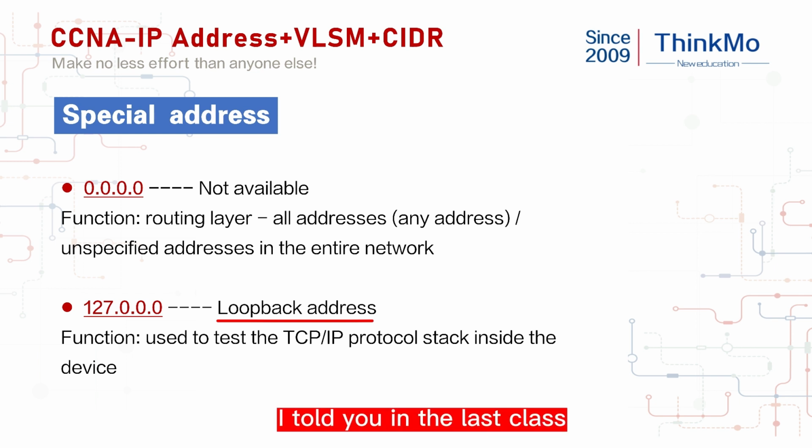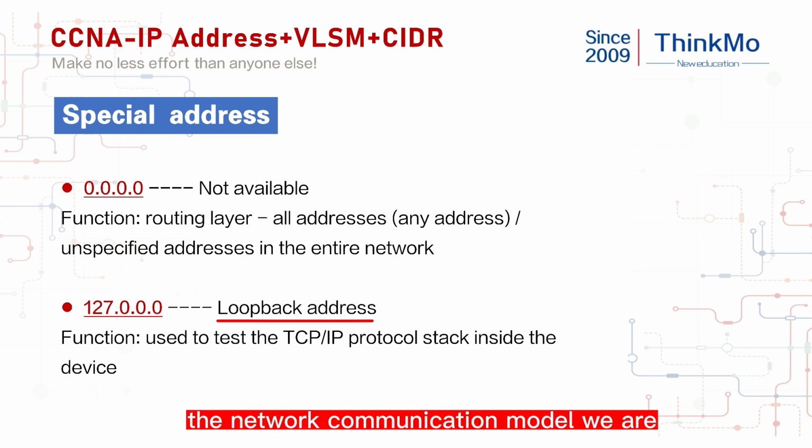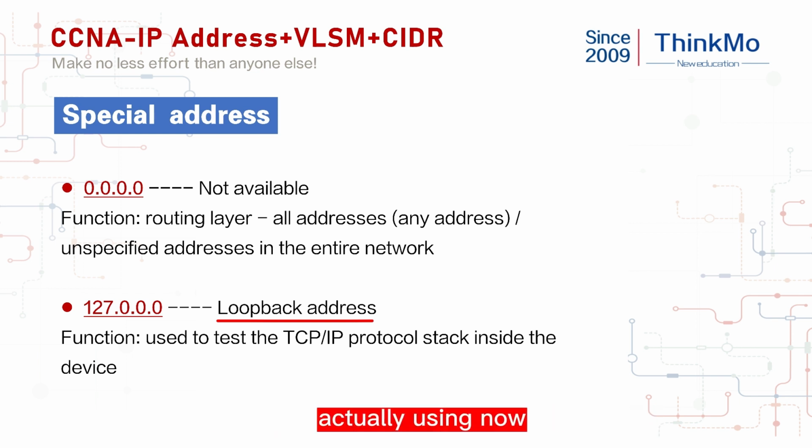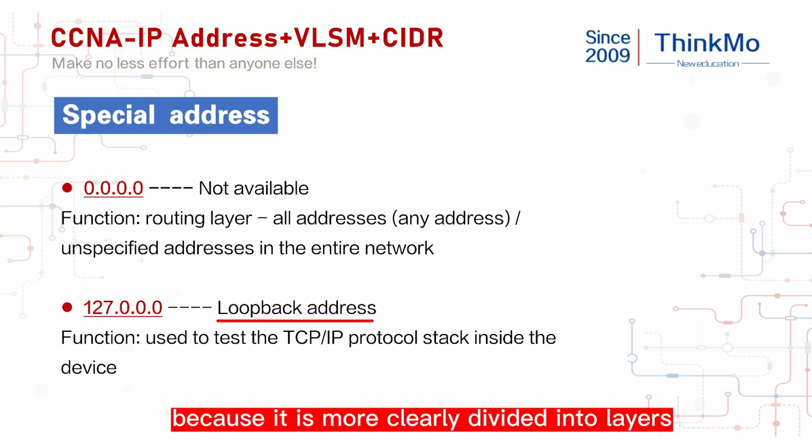I told you in the last class that the network communication model we are actually using now is the TCP/IP model. Why do we talk about OSI? Because it is more clearly divided into layers.